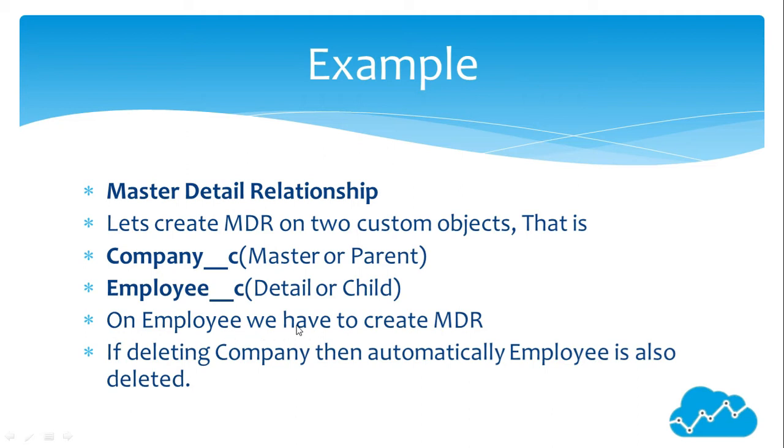On employee, we have to create master detail relationship on this object. If we delete company, then automatically employee is also deleted. This makes sense. It means if company is getting deleted, employee is also getting deleted automatically.